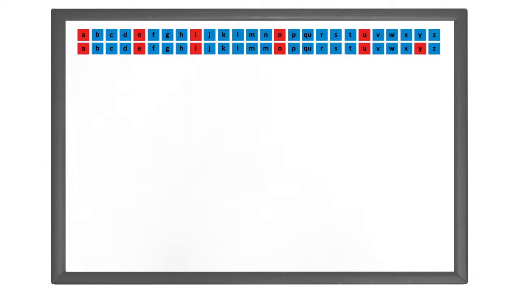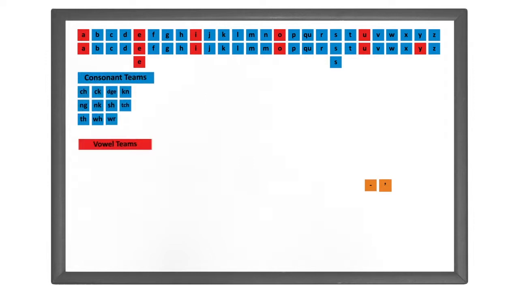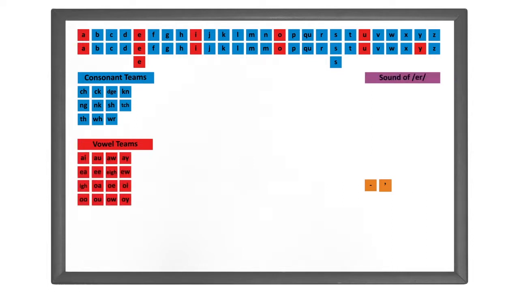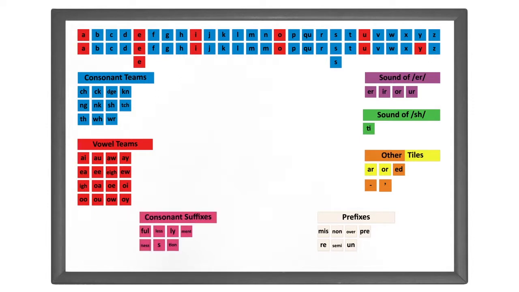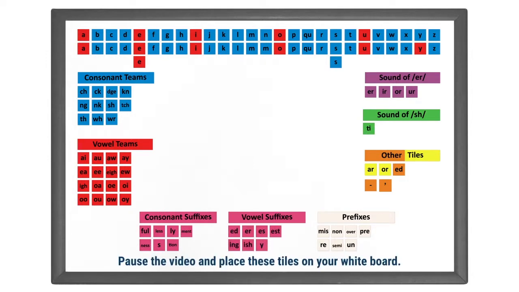If not, you will need these tiles. 2 sets of letters A to Z, third E, third S, hyphen and apostrophe, the consonant teams label and these consonant teams, the vowel teams label and these vowel teams, the sound of label and the ER, IR, UR, and purple OR tiles, the sound of label and the TI tile, the other tiles label and the AR, ED, and OR tiles, the prefixes label and these prefixes, the consonant suffixes label and these consonant suffixes, the vowel suffixes label and these vowel suffixes. Now pause the video and place these tiles on your whiteboard.